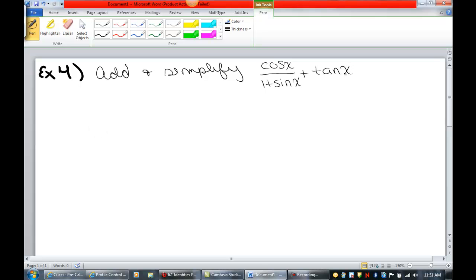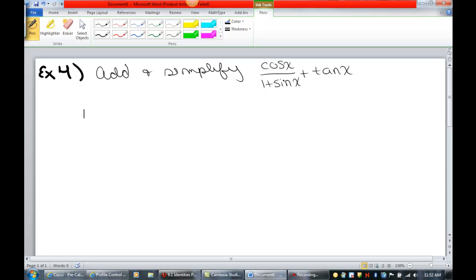Alright, so what I want to do is try and adjust this so that I can get to as much of a reduced form as I possibly can. The first thing that's really jumping out at me is tangent, because I know I can probably adjust that. Also, this 1 plus sine x looks somewhat familiar, and I'm thinking maybe I can adjust that as well.